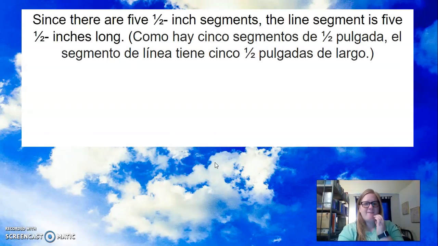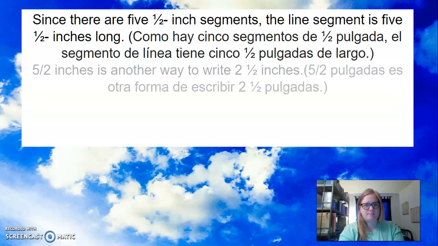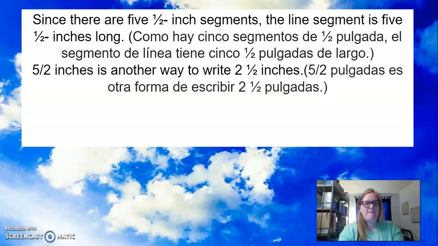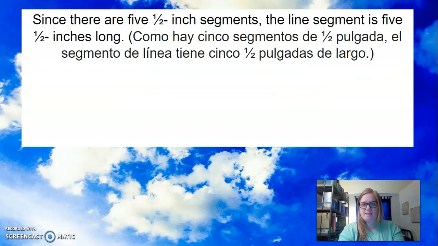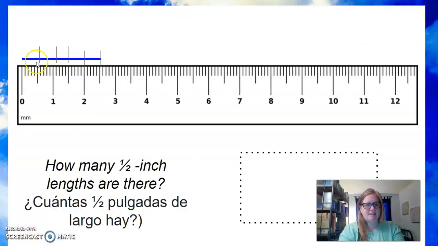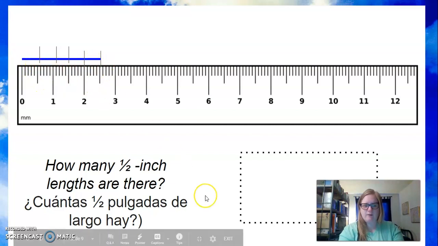Since there are 5 1/2 inch segments, the line segment is 5 1/2 inches long. 5 1/2 inches is another way to write 2.5 inches. Does that make sense? Because when you're looking at this we know is 2.5 inches, and it actually takes 5 1/2 to make 2.5.